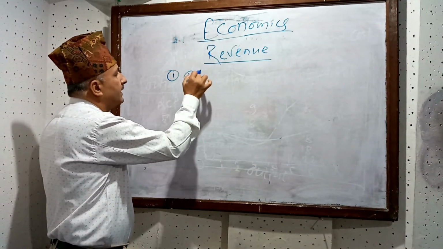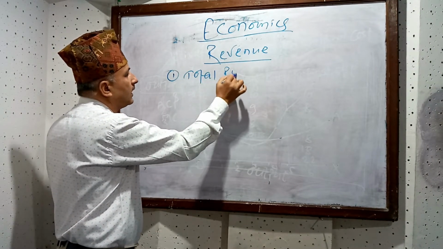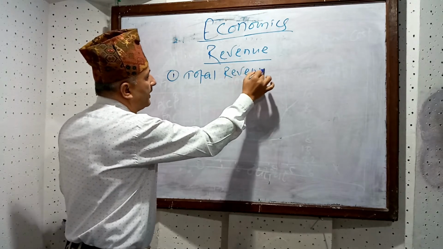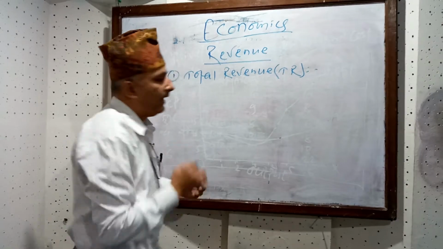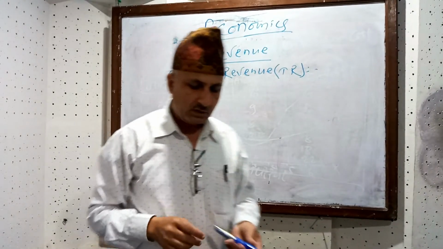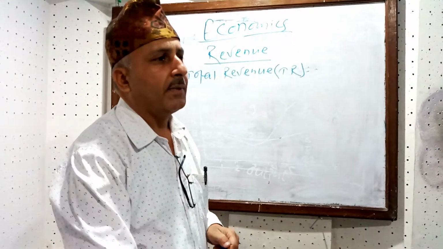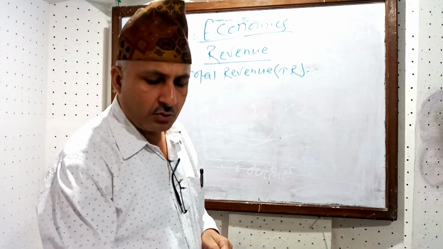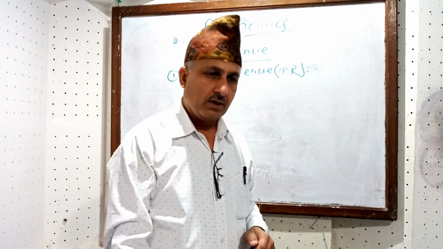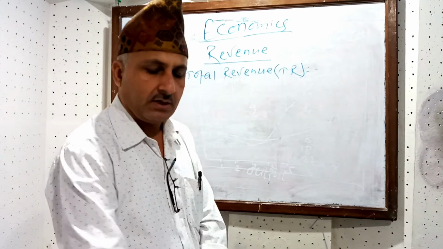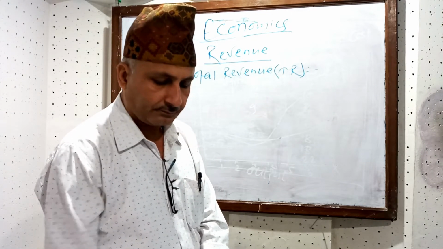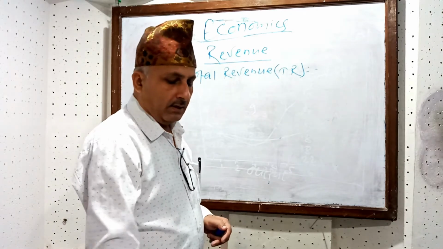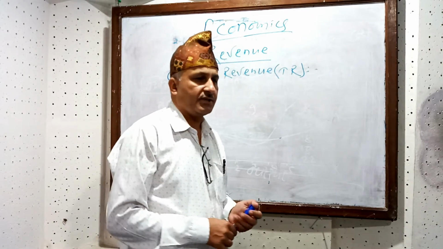Now the first one is total revenue. Total revenue, in short, is denoted by TR. When we discussed total cost, we also discussed the cost concept. Now here we are going to discuss the concept of total revenue. Now what is the meaning of total revenue? Let's discuss.